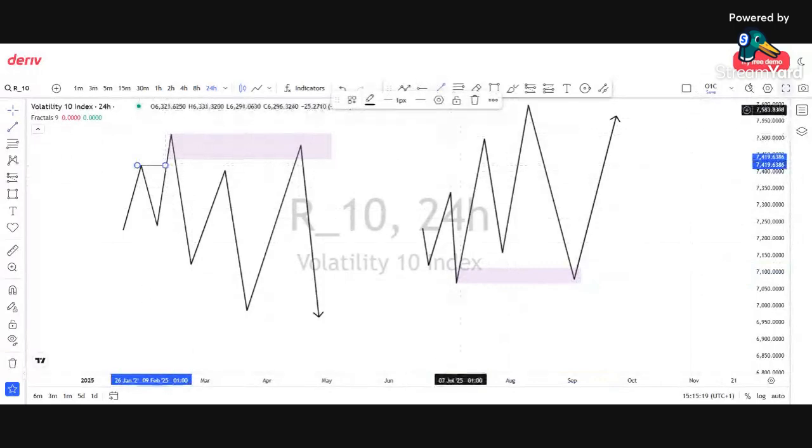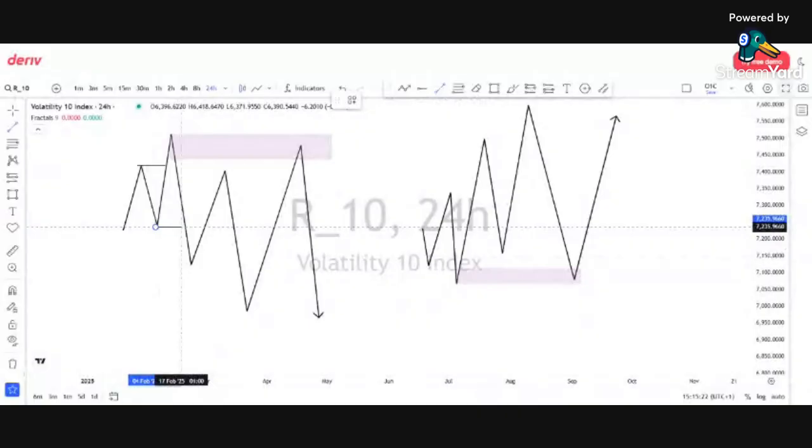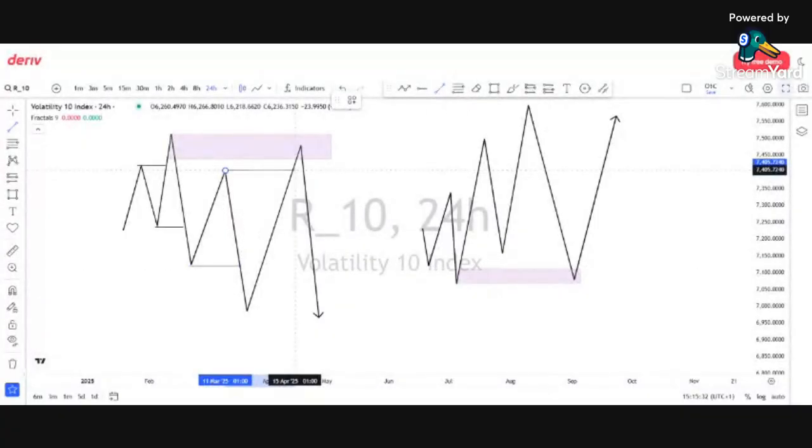So we have our sweep of the high, the break of structure, the second break of structure that gives us this structural liquidity. This is what I basically look out for.